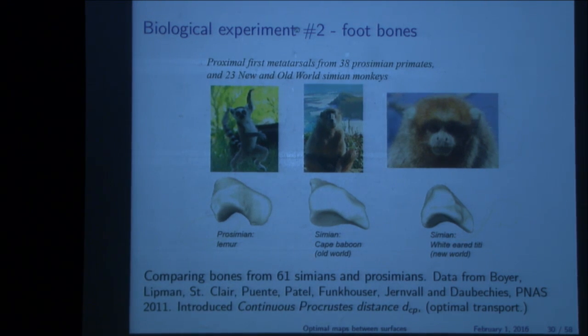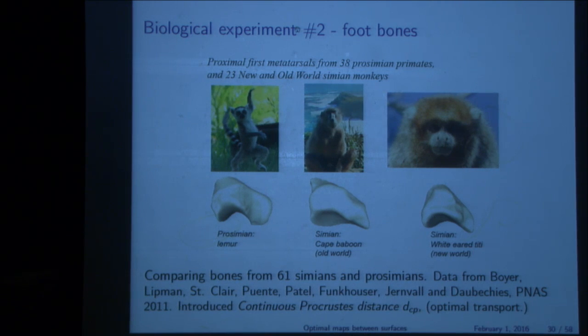This is another set of experiments. This came out of a study by Boyer, Lipman, St. Clair, Puente, Patel, Funkhouser, Gemmell, and Daubechies. This appeared recently in PNAS, 3-4 years ago. And the nice thing was that they made their data set available. So we were able to get the same data that they used and run our method on it.